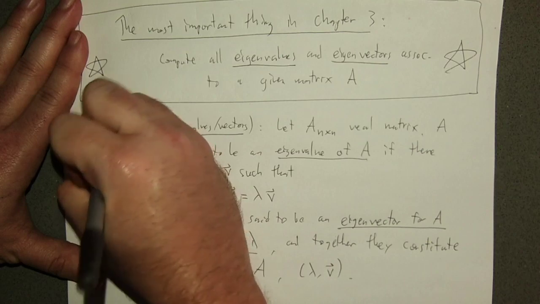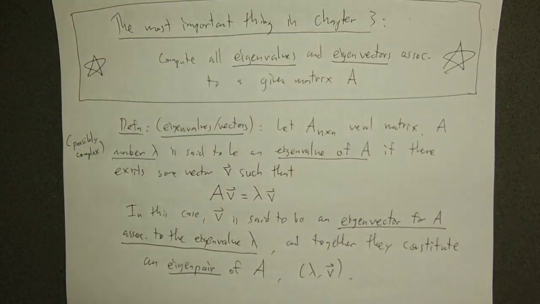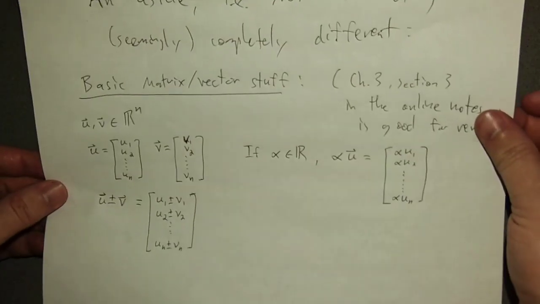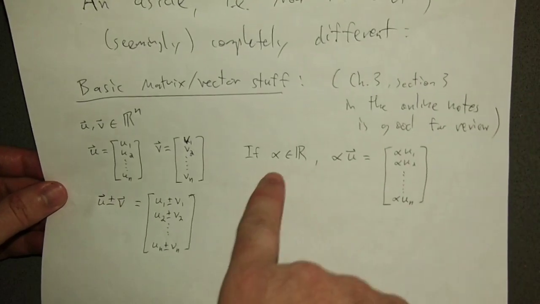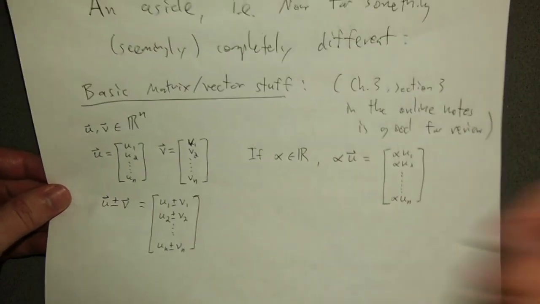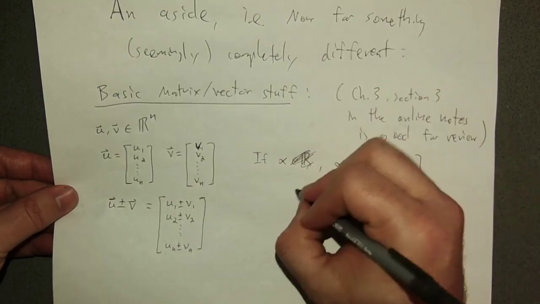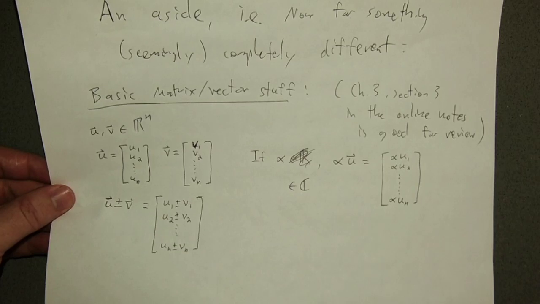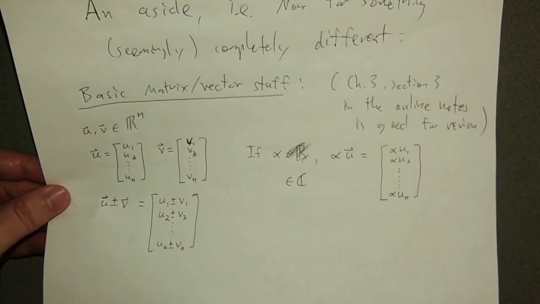Now you might say, wait, complex numbers? How do you multiply by a complex scalar? Well, it turns out, going back here, if alpha is changed now to not just be a real number, but to be a complex number, the same thing is true.